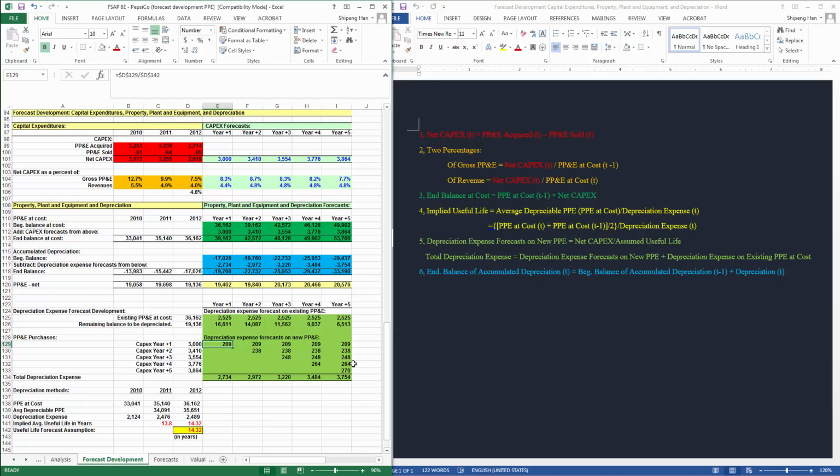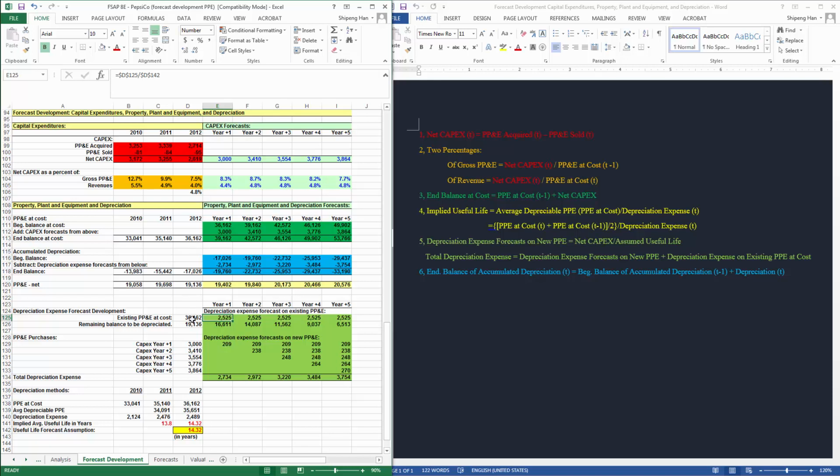Okay, and we should add the depreciation expense for existing property, plant, equipment. Right? Actually, it is here. And we know 36,162 is the book value of property, plant, equipment in 2012. And again, we also assume the residual value is 0, right?